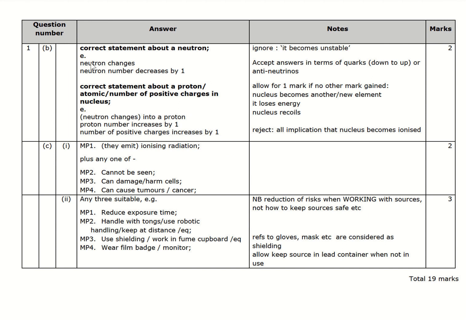So the neutron number decreases by 1, the number of positive charges increases by 1, and a neutron changes into a proton, so the proton number increases by 1.